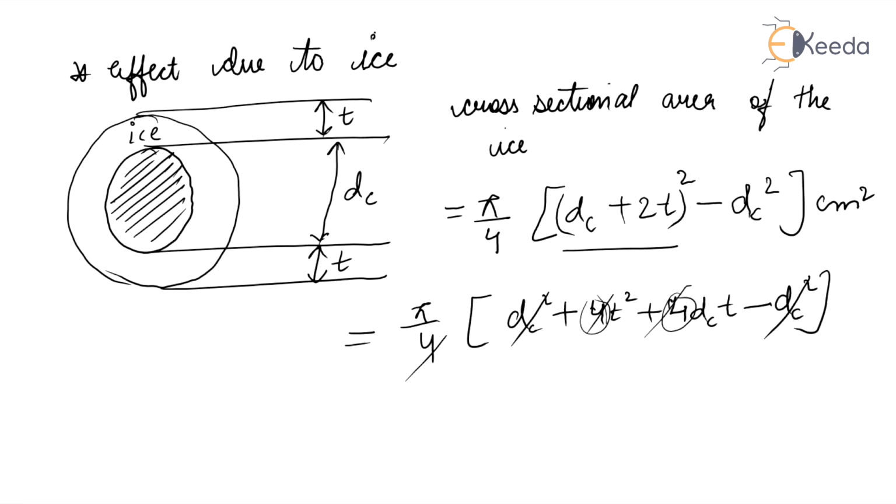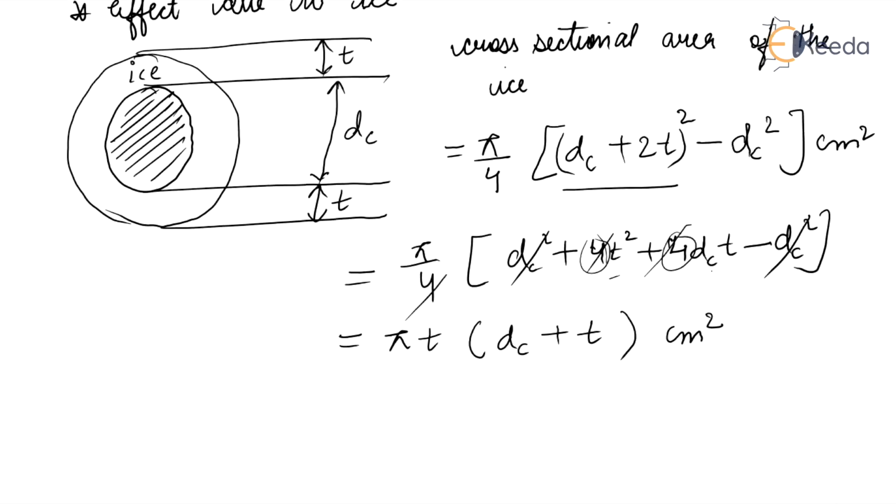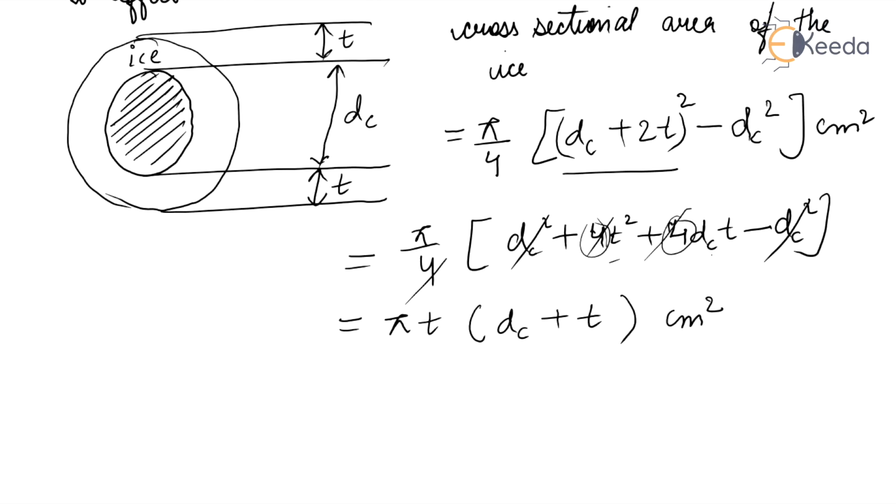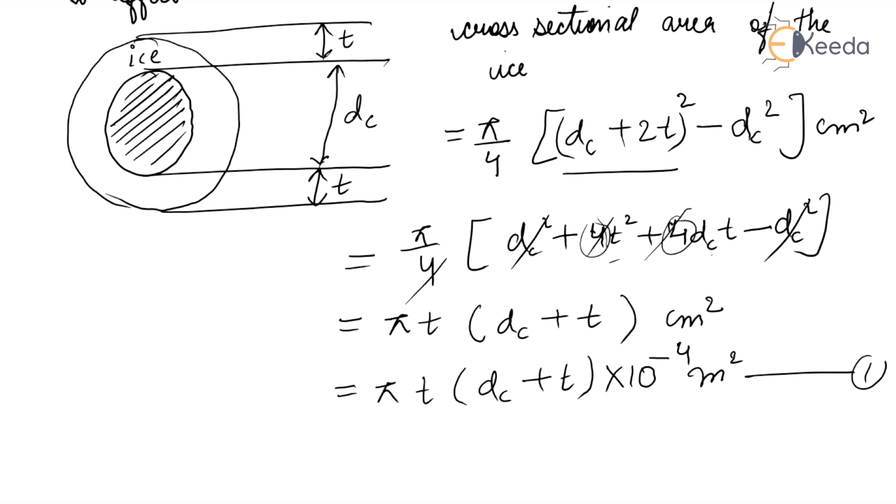Then we can write this as pi t into (dc plus t) centimeter square. Convert this into meter: pi t (dc plus t) into 10 to the power minus 4 meter square. Equation number 1.